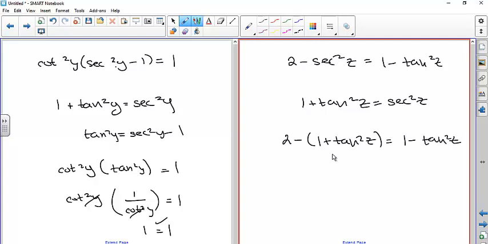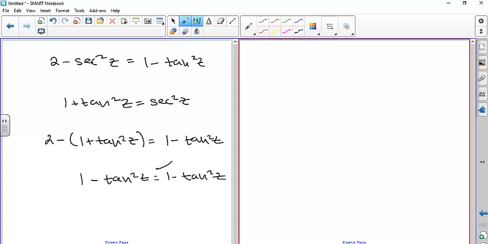That's the right-hand side. And 2 minus 1 is 1, so you get 1 minus tangent squared of z equals 1 minus tangent squared of z. You don't have to show 1 equals 1. Once you get to a point where they're the same on both sides, you're done.